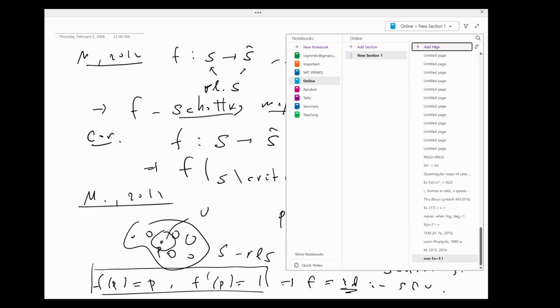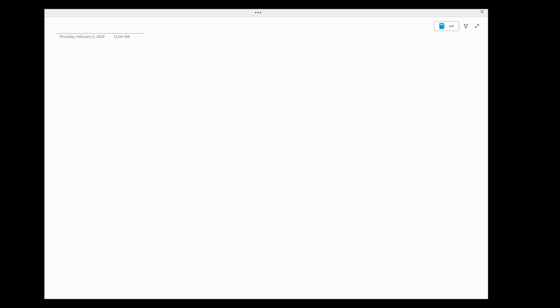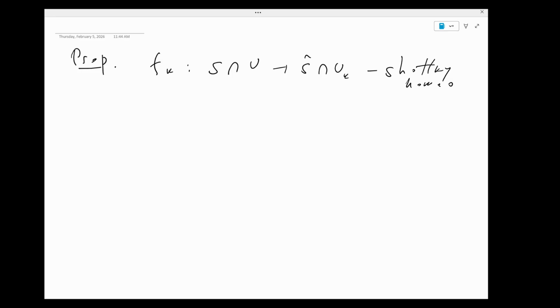A little corollary of this rigidity, maybe I'll state it as a proposition. The proposition is the following. Suppose you have a sequence of maps F_k from U to some other U_k, and say they are Schottky homeomorphisms, locally defined.